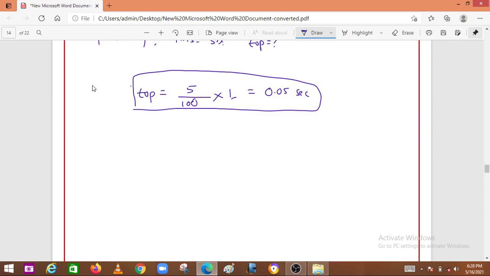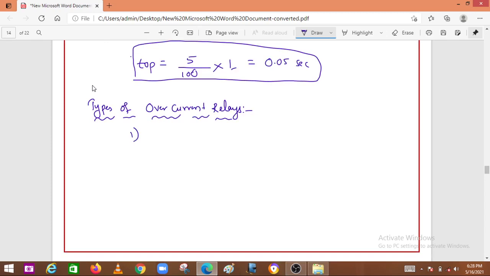Based on this, there is a classification of overcurrent relays. Types of overcurrent relays. Number 1.